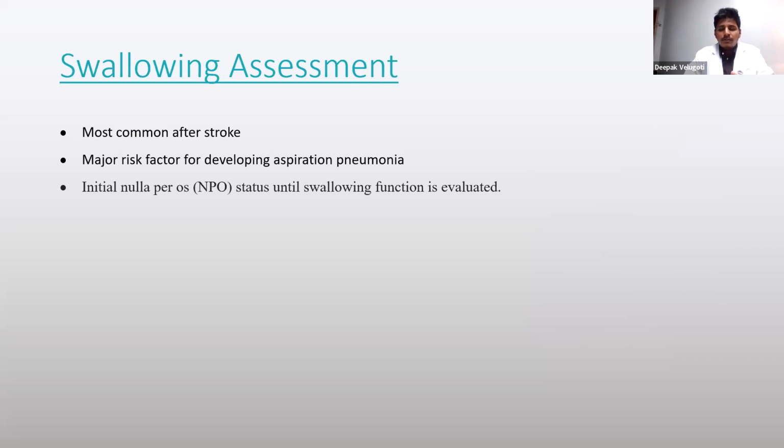And swallowing assessment should be evaluated before allowing the patient to have oral feeds, because a few patients with bulbar dysfunction can develop dysphagia, and if the patient takes any liquids or food orally, they can develop aspiration pneumonia. So the swallowing function should be evaluated before allowing the patient to have oral feeds.